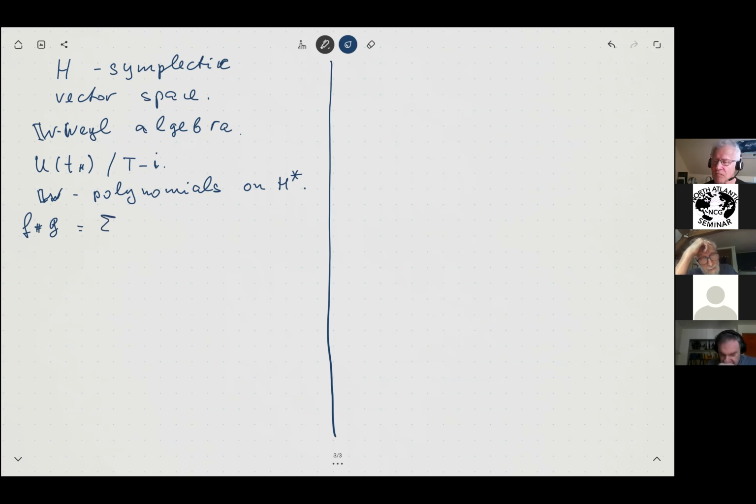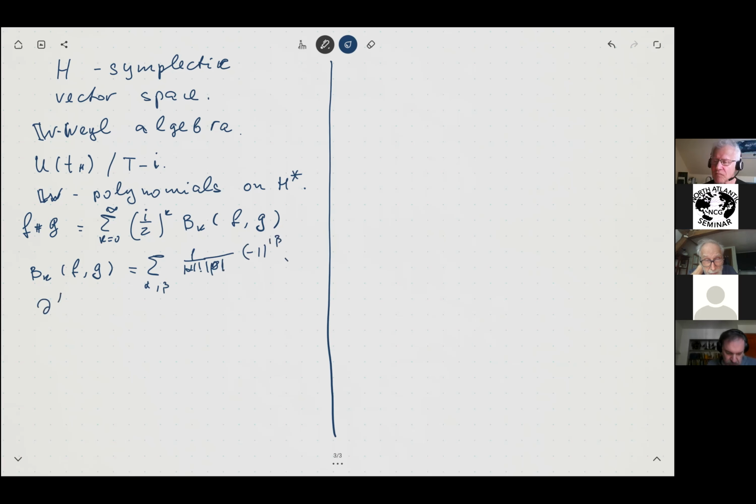So it's explicitly given by this formula, where the b_k are bidifferential operators. So here the x_i are standard.